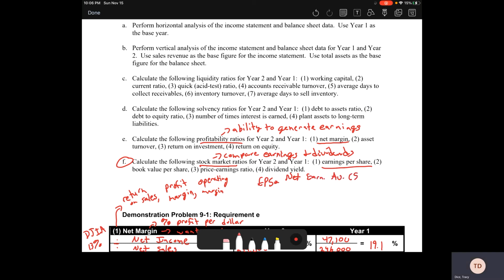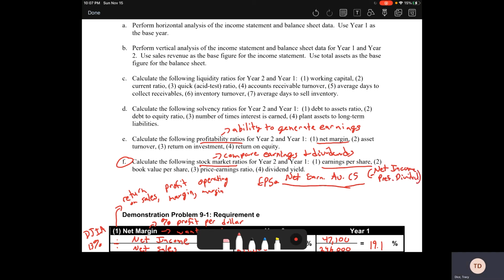available for common stock. So when you're dealing with both preferred stock and common stock, the way you find that is you're going to take your net income and subtract your preferred dividends. Okay.